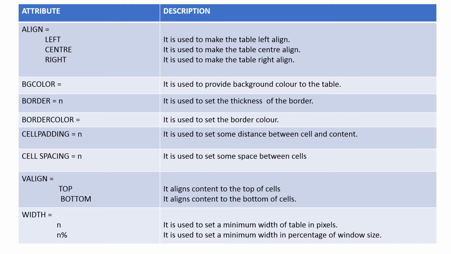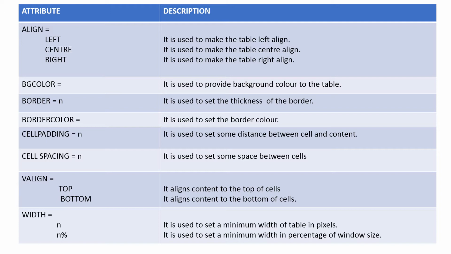If you want the border of the table to be thicker, then you can increase the value of n. So the border attribute is used to set the thickness of the border of the table.